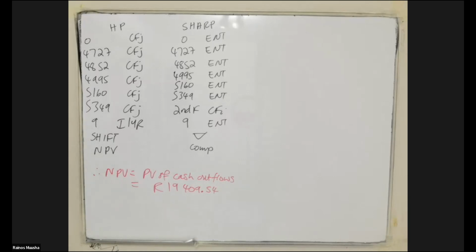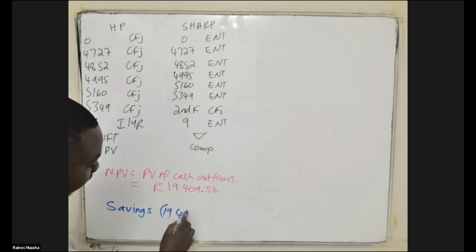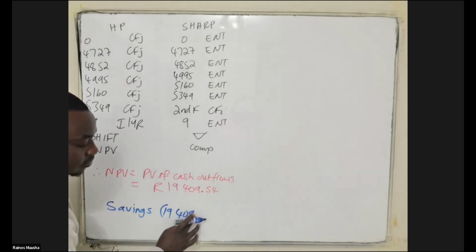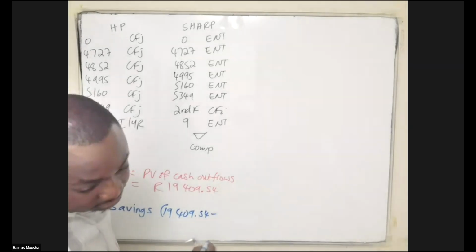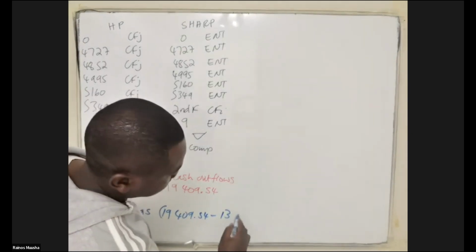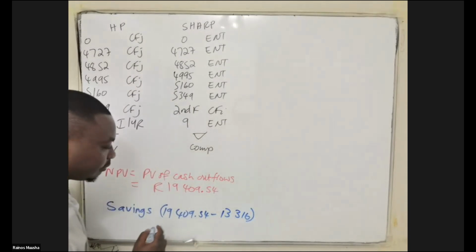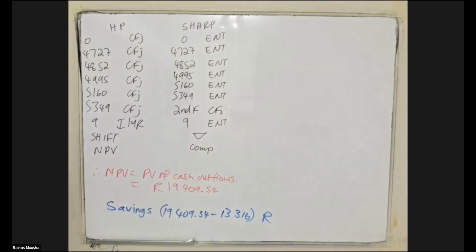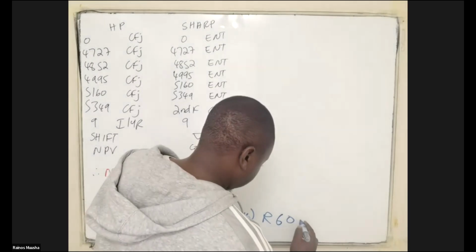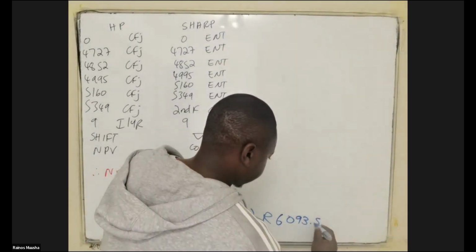So we are better off going the leasing route, because if we go the leasing route, in present value terms, we're able to have a savings of 19,409.54 minus 13,316, which is a savings of 6,093.54.